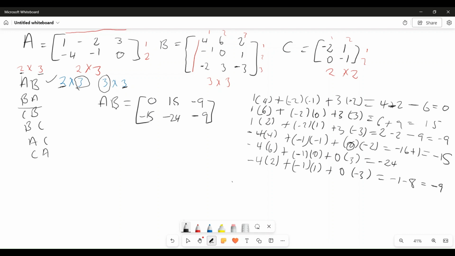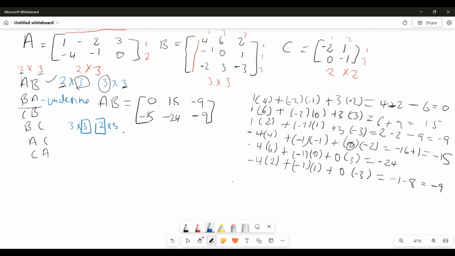Since it's BA, we are starting with matrix B, and matrix B has the order 3 by 3, and matrix A has the order 2 by 3. Since the number of columns in B is not equal to the number of rows in A, this one is undefined, so we cannot compute that.